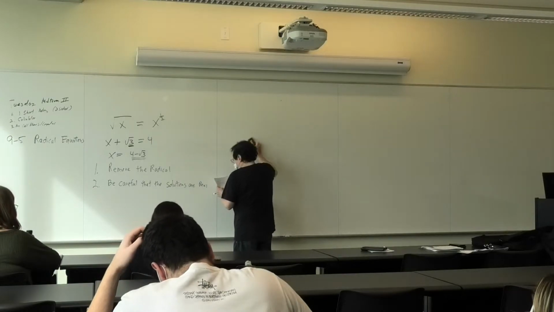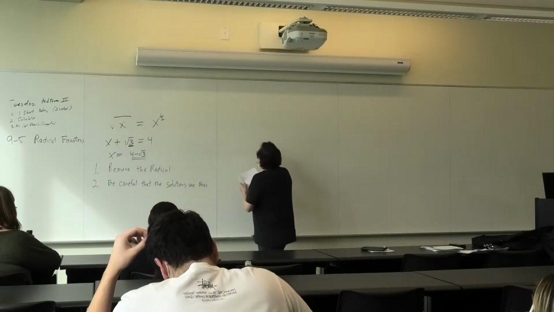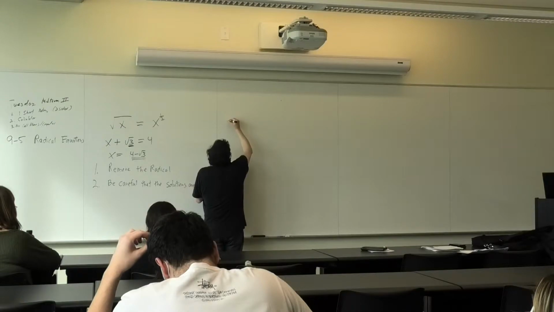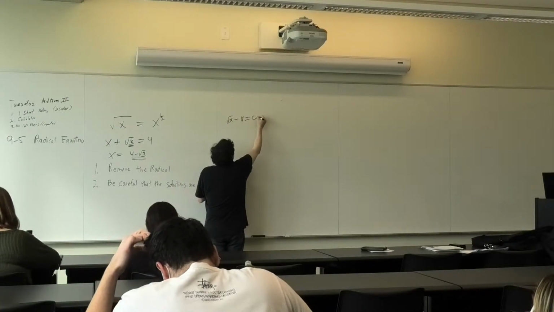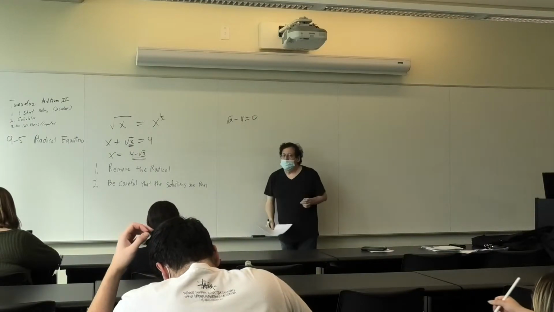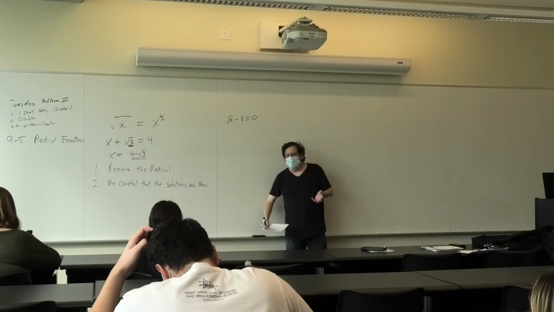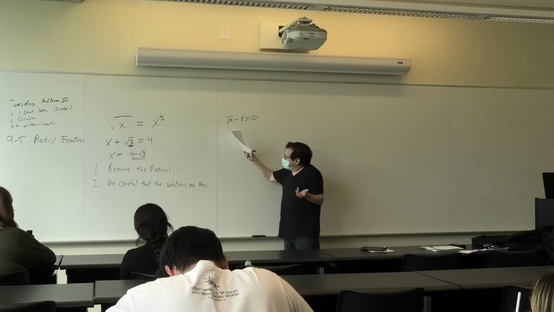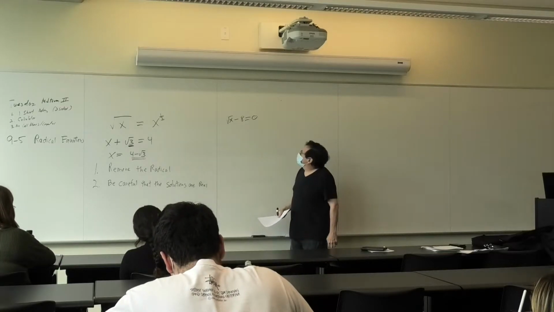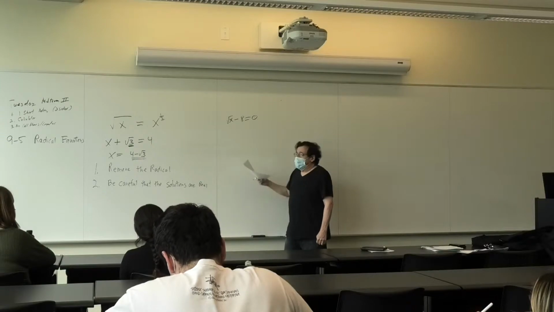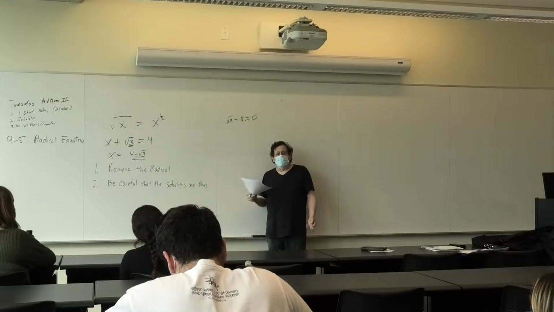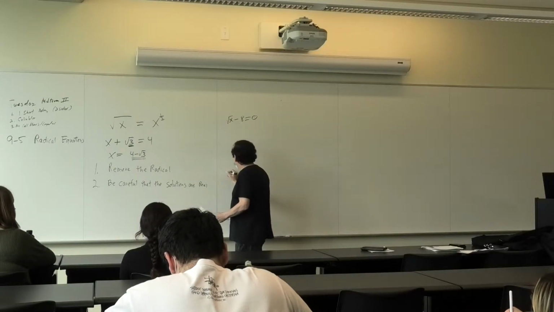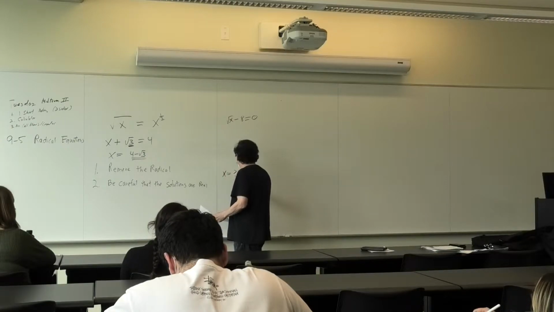Let's start with a simple equation. Square root of x minus 8 equals 0. Now, in solving equations with an x, we want to isolate the x, and we want to end up with the equation x equals some number.